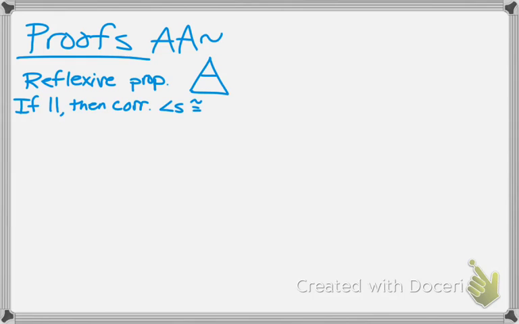Those usually go hand in hand. Unless you're given congruent angles right away in the given, then you'll just have to do the reflexive property. Okay. If you got the good old bow tie, then you're going to do something with your vertical. So if vertical angles, then congruent.